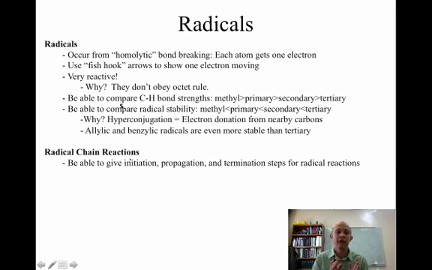We can use radical stability to understand CH bond strengths. I want you to be able to identify trends in CH bond strengths, which ones are the most stable, which ones are the least stable. I want you to be able to understand stability of radicals, which ones are the most stable, which ones are the least stable, and I want you to be able to give initiation, propagation, and termination steps for straightforward radical halogenation reactions.